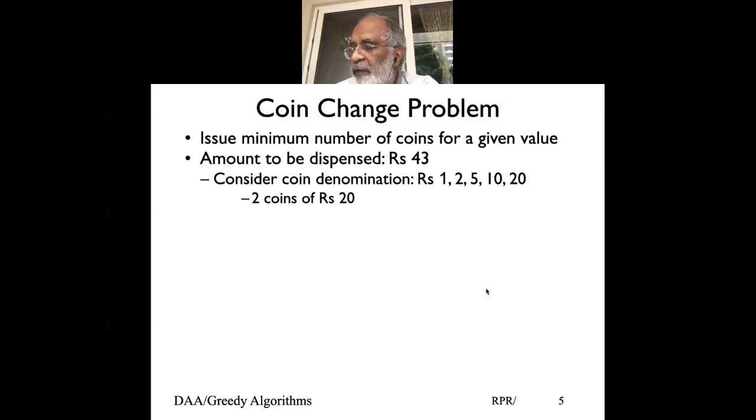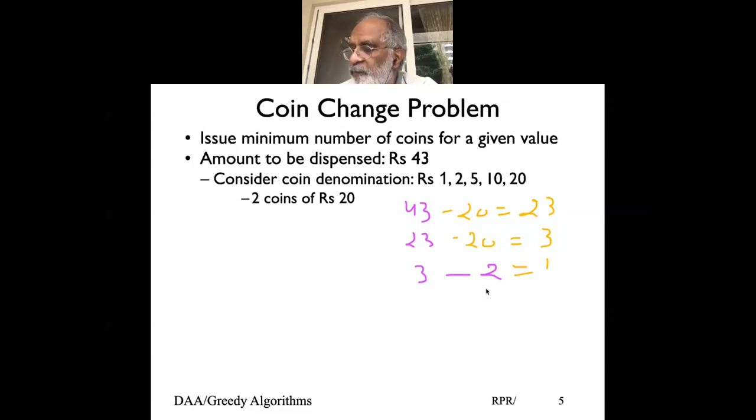As I said, I have 43 rupees to be given. I first pick the largest coin, 20 rupees, and I am left with 23 rupees. Then I again pick a 20 rupees coin, and I am left with 3 rupees. Then I pick the largest coin, which is 2 rupees, and I am left with 1 rupee.